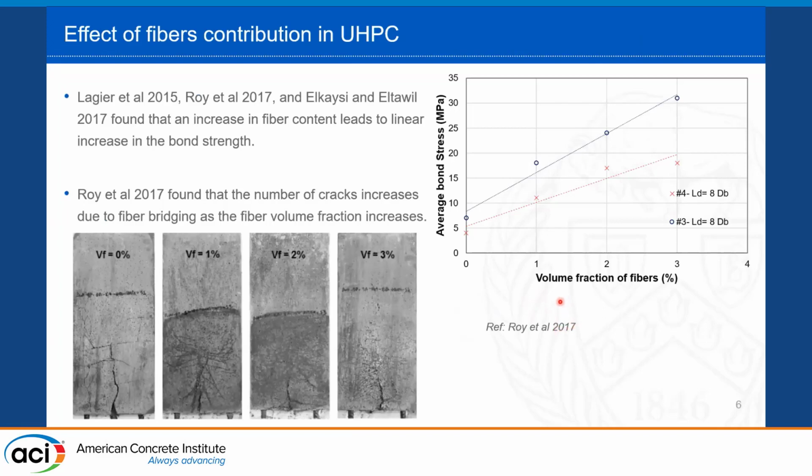As we expect, by increasing the fiber content, the behavior or strength of UHPC improves, which leads to an improvement in the bond strength. In this case, we get a linear improvement in the bond strength with respect to the fiber volume fraction from 0 to 3% for different rebar sizes. Also, the bridging effect of the fibers improves, which leads to the formation of a larger number of micro cracks as opposed to macro cracks for the case of UHPC without fibers.